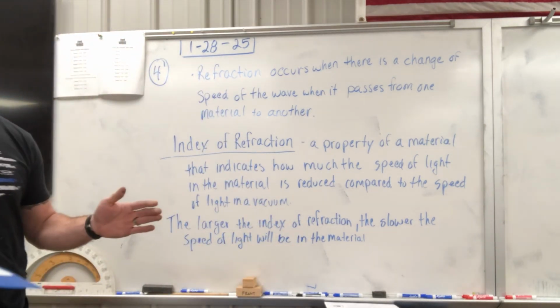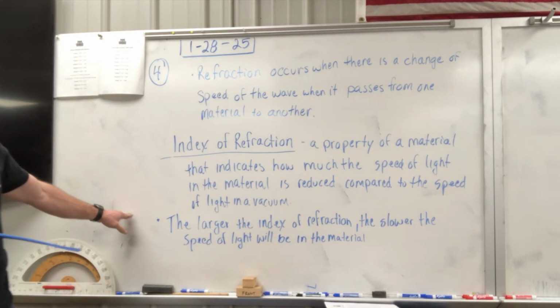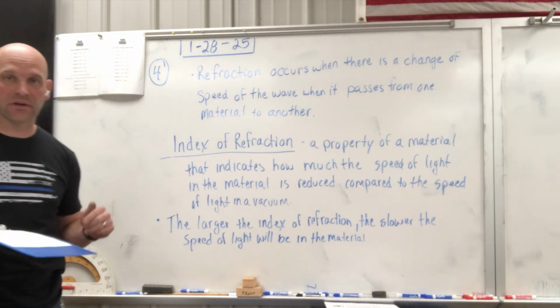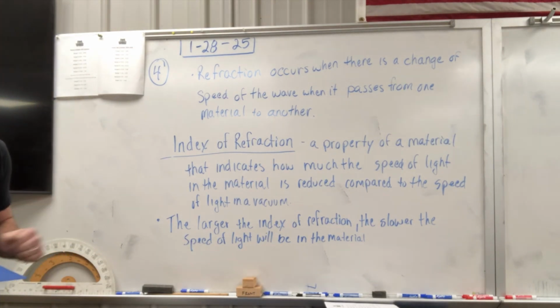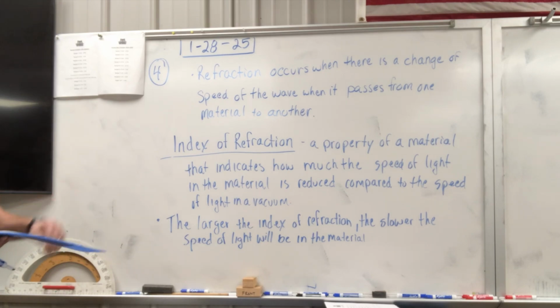So the bigger the index of refraction, the slower the light will be through that material. Pause it if you need it.